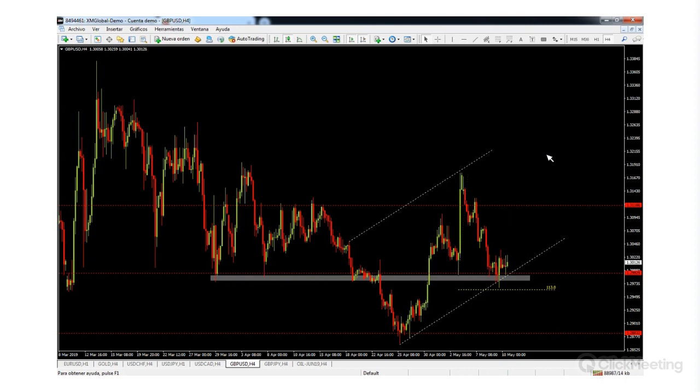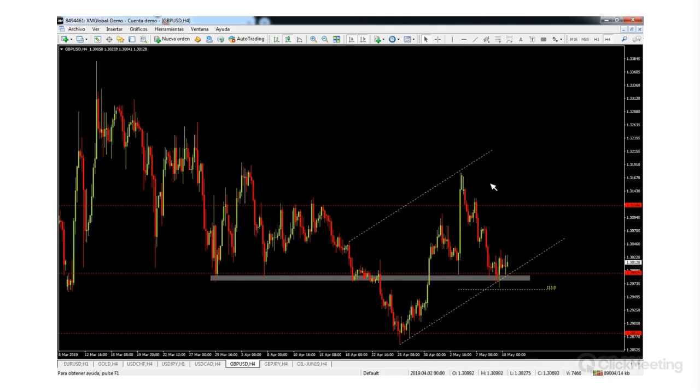So these zones act as magnets for price, and these zones are where price has the highest probability of a bounce.